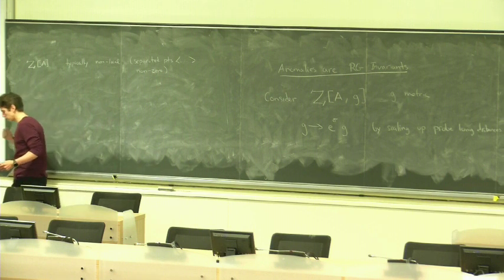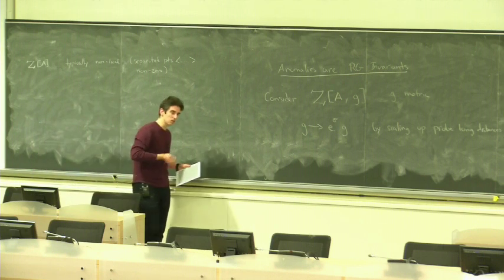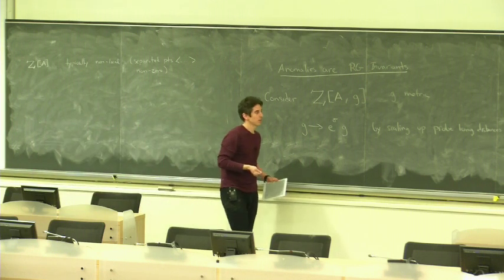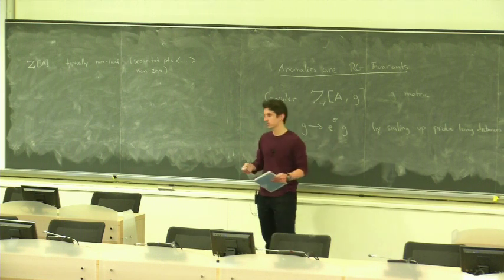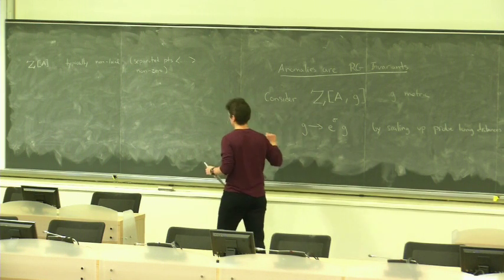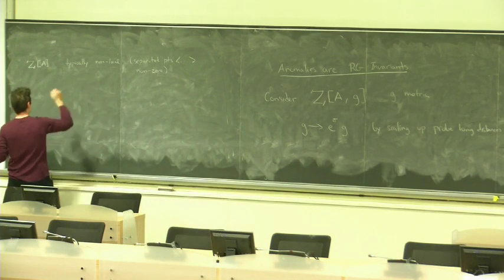Remember that you think of Z of A as a generating function of conserved currents. Taking derivatives with respect to A brings down J, so it's the non-localness of Z of A that is responsible for the non-trivial correlators at separated points. The local pieces that we focused on before are just affecting the contact terms. But generically, this is a non-local function.